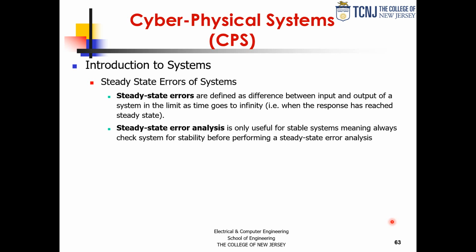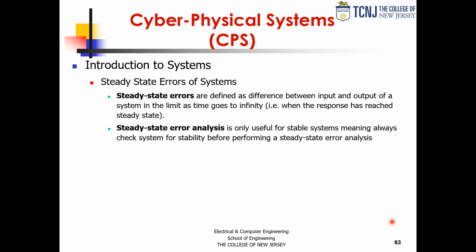So if we have determined that the system is stable, then we want to be able to do a steady state error analysis. So steady state errors are important, and we still need to do a steady state error analysis, which is once the system reaches a point where that output is not going to change anymore according to the disturbance and according to the input, how far is it from the ideal value that we wanted the system to reach?